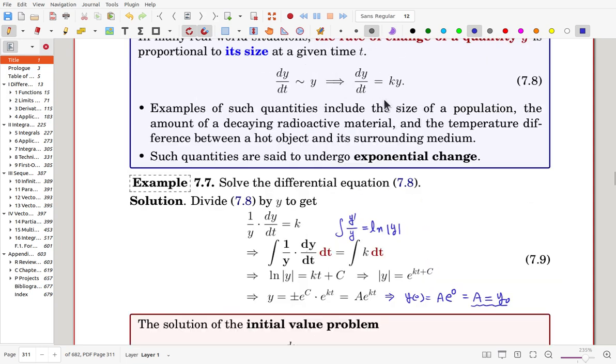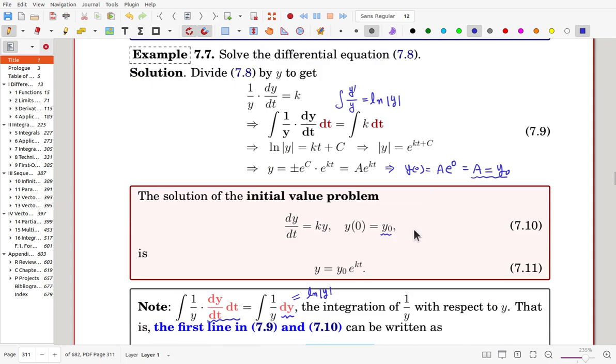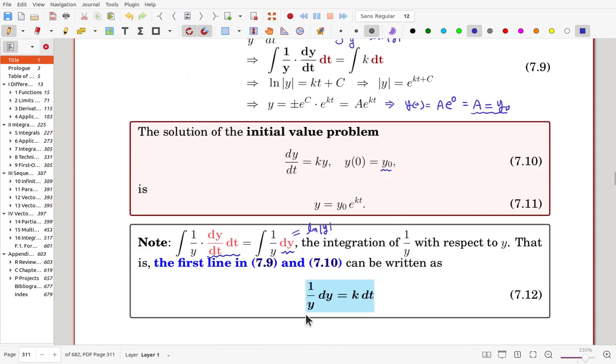From that equation, we try to separate out: dt will go to the right side, and y and 1 over y on the left-hand side. Then we reach that one, and from this we can get the integral of 1 over y dy equals the integral of k dt.